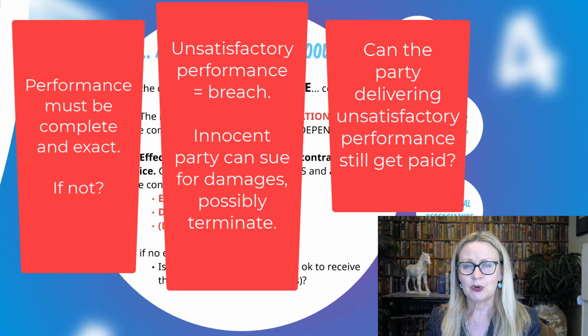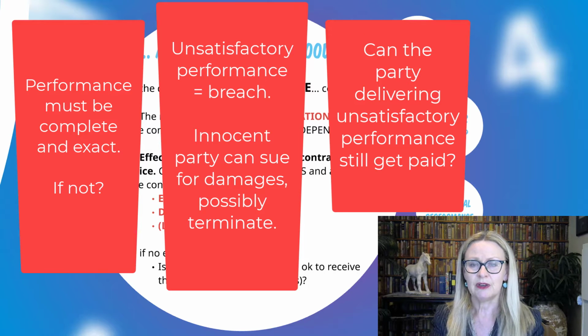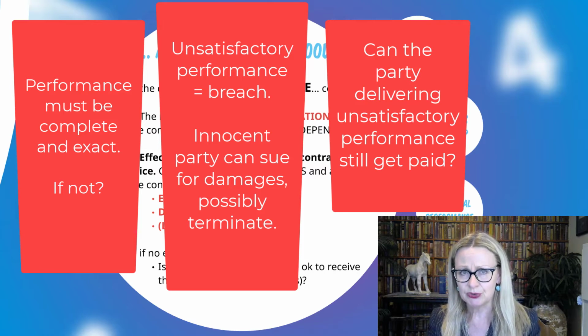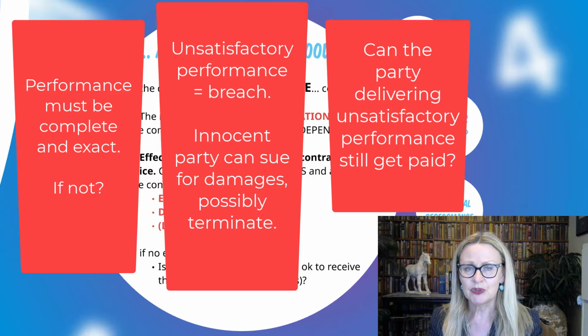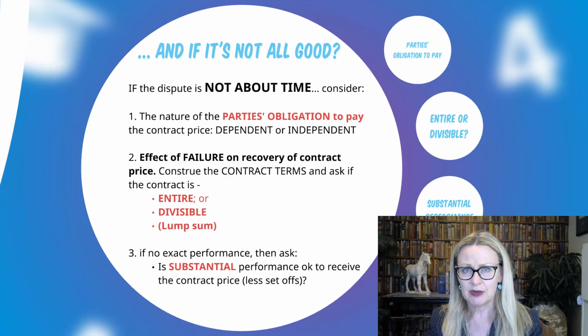But I guess the big question for the other party that's fallen short in their performance is whether or not they can get paid. And here there are a number of different aspects of the party's obligations and the party's performance that you need to look at to work out if your client is the one that's fallen short, whether they can actually be paid.